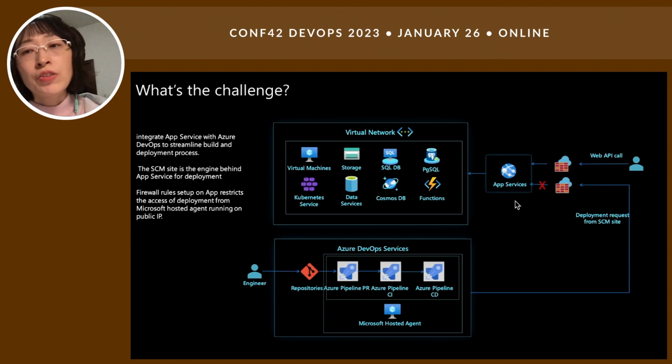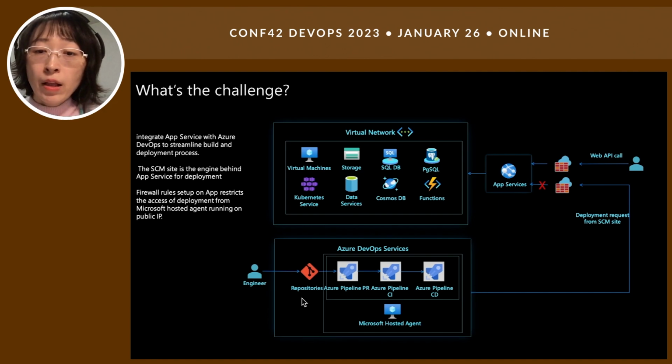So you can imagine it's quite crucial to secure access to the SCM site. And this is the same for our customer. They set a restriction on the SCM site of their web application so that only requests from their virtual network are allowed to access it.